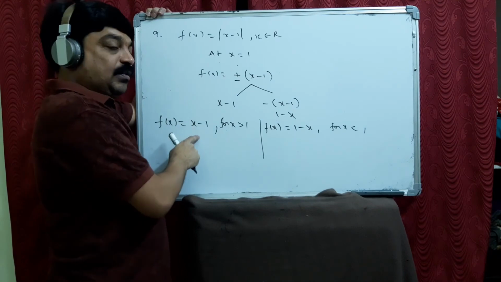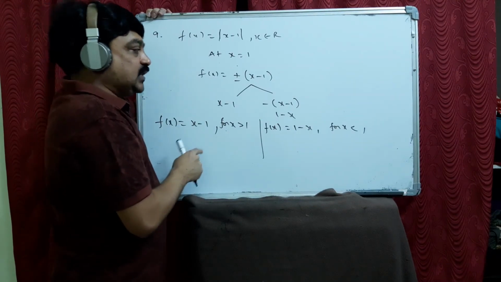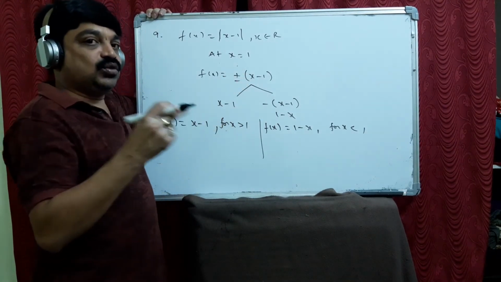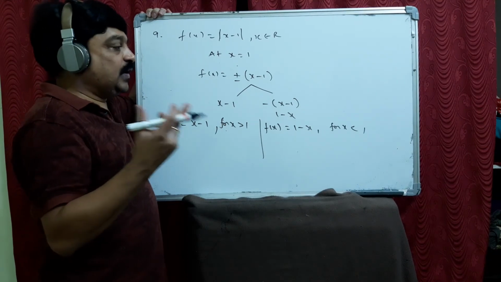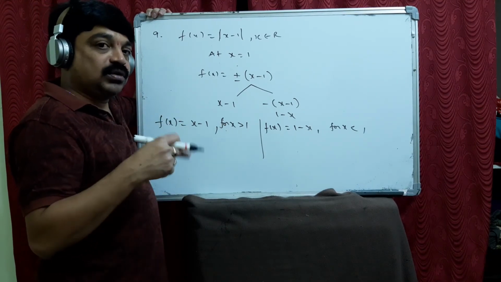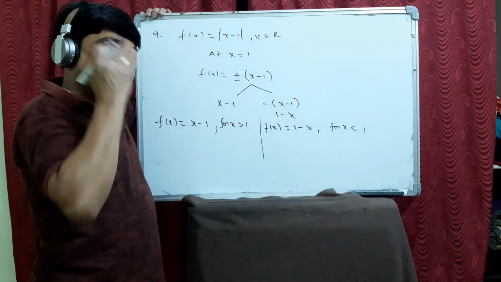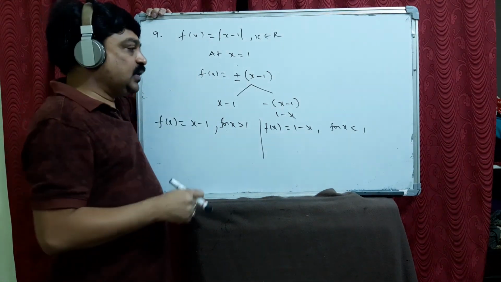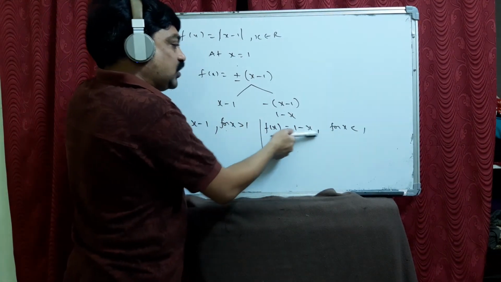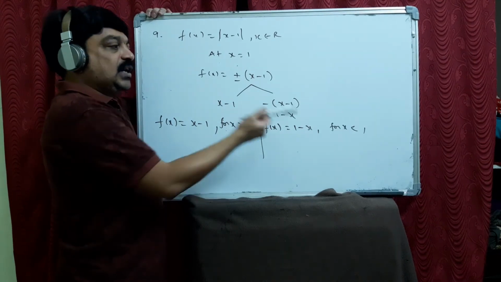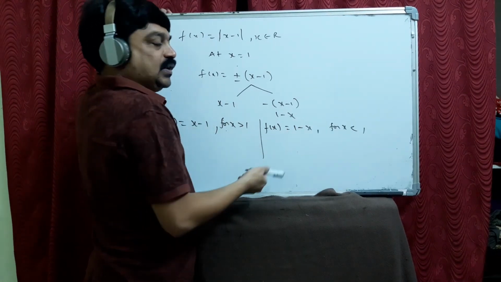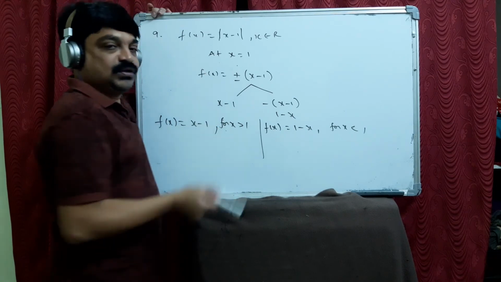That means when mod x is split into two functions, we should see that both functions are positive, but we should take the interval where each is positive. For x less than 1, this is positive; for x greater than 1, this is positive. If you take any value less than 1, 0, minus 1, this will be positive.